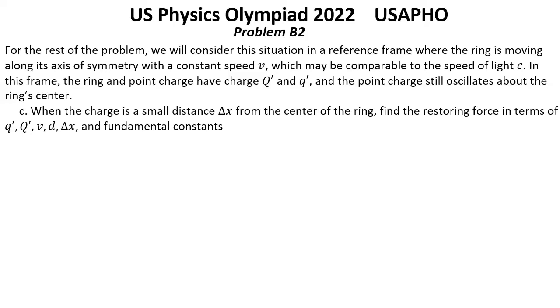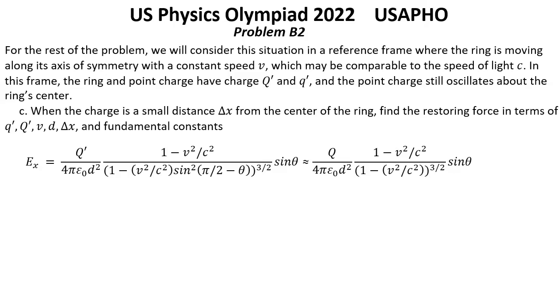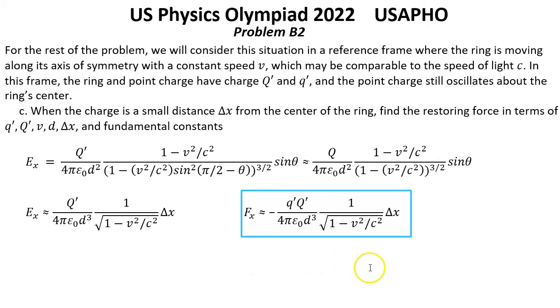Thus, using the provided information, we have the electric field from the ring in the x direction equal to this expression, where pi over 2 minus theta is very close to 90 degrees. So we can neglect this one and set sine equal to 1. In that case we have this expression, which can be simplified to this one. Thus the restoring force is this one. So that was the solution for question C.